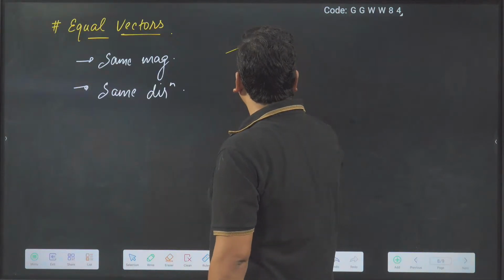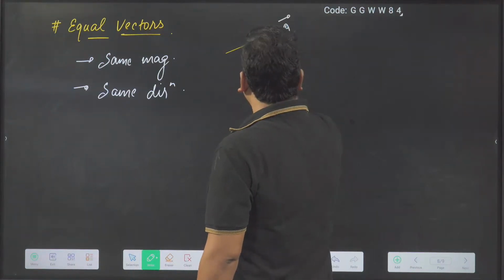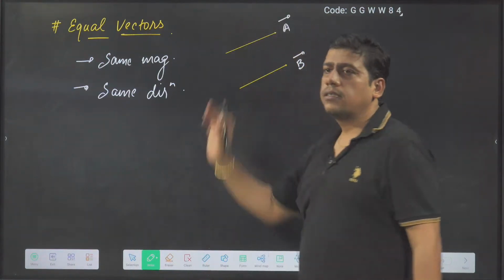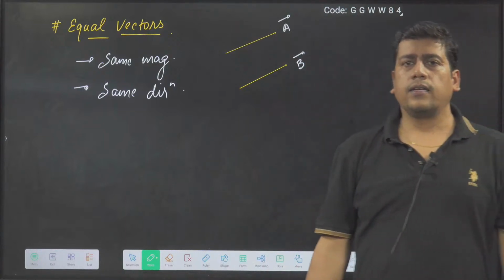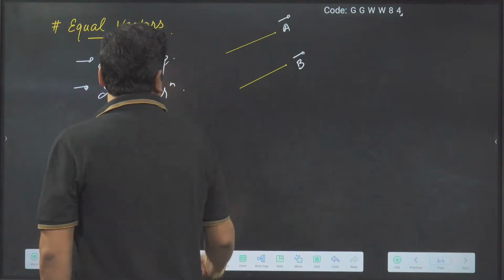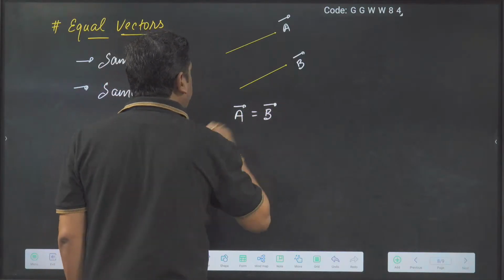That means two vectors you will call equal only when their orientation will be same, as well as the length of the arrow is also same. Okay? Then only you can claim that A vector is equal to B vector. Only magnitude same, you can't claim it.